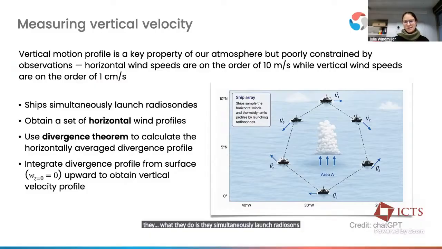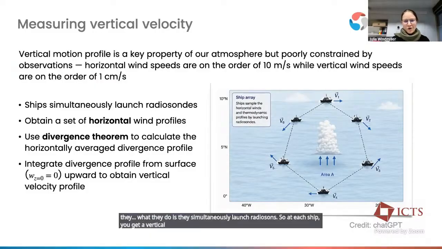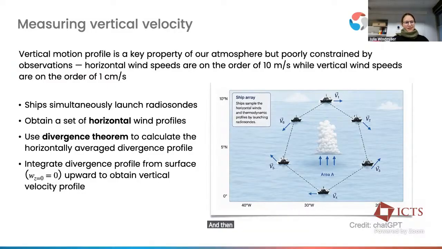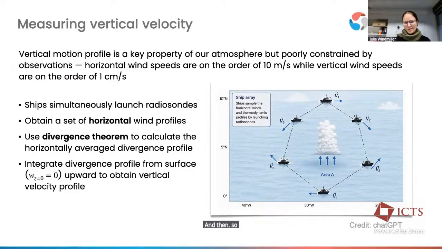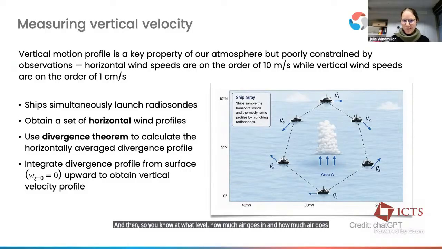So at each ship you get a vertical profile of horizontal winds, but also of thermodynamic properties, like humidity, temperature, pressure, and so on. Then you obtain the set of horizontal wind profiles, and you use the divergence theorem to calculate the horizontally averaged divergence profile. So you know at what level how much air goes in and how much air goes out, approximately, of course.